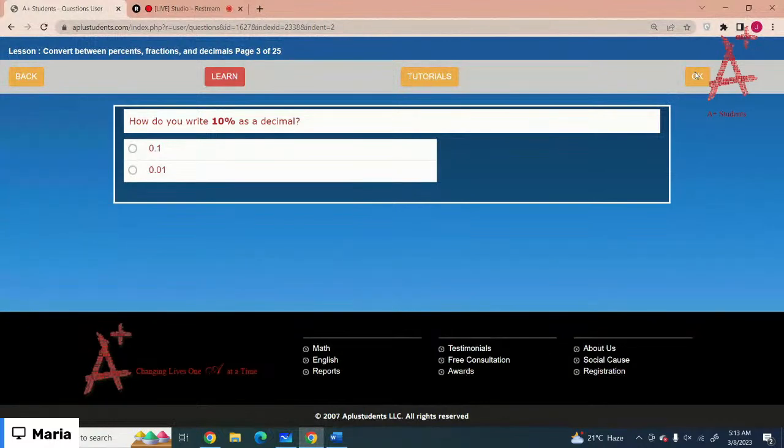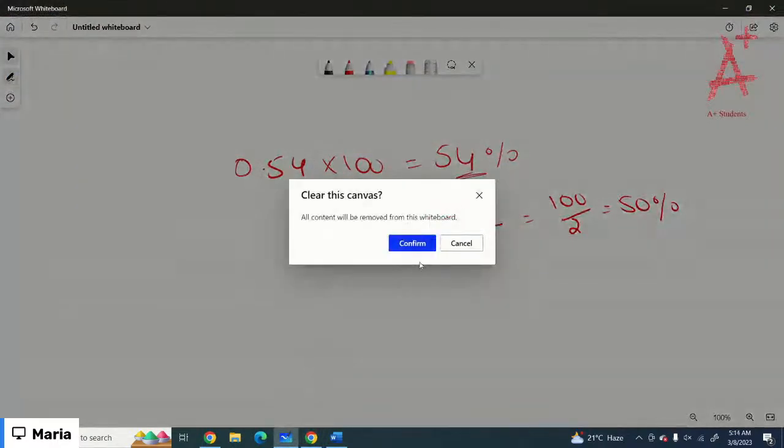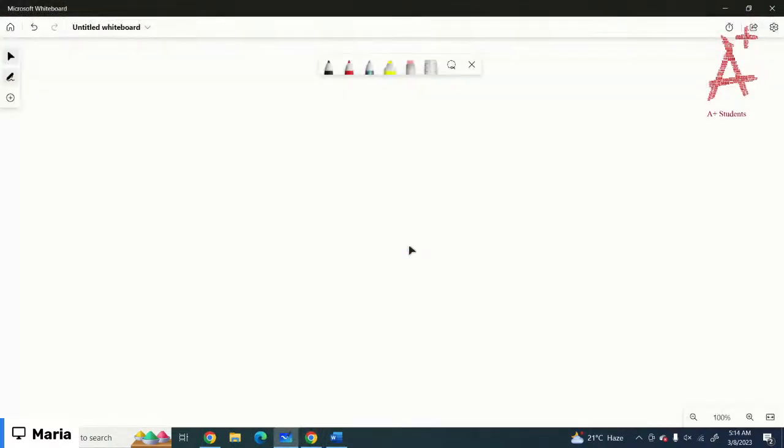How do you write 10% as a decimal? So which is the correct option? You have to divide 10 by 100. Got it?